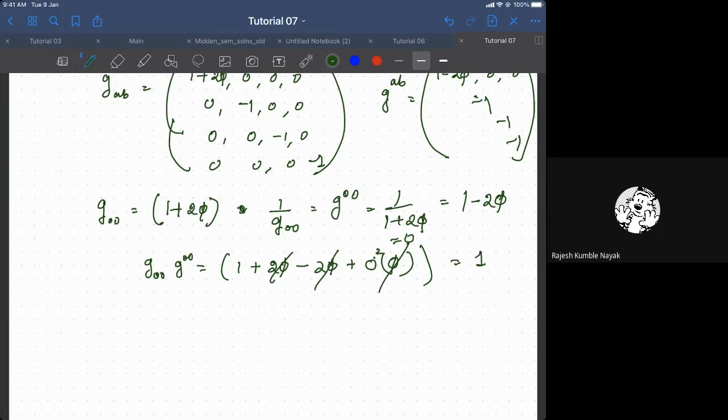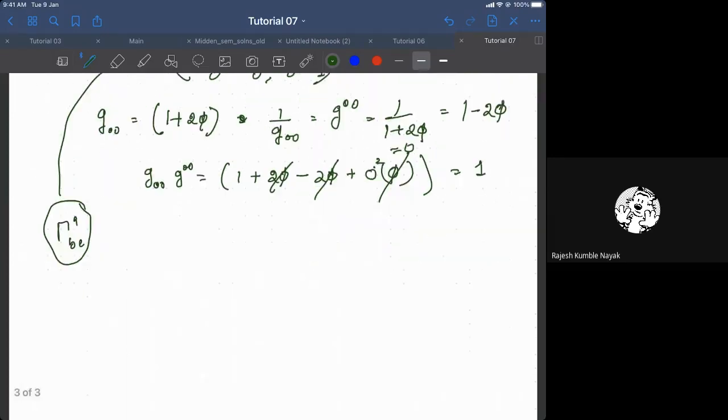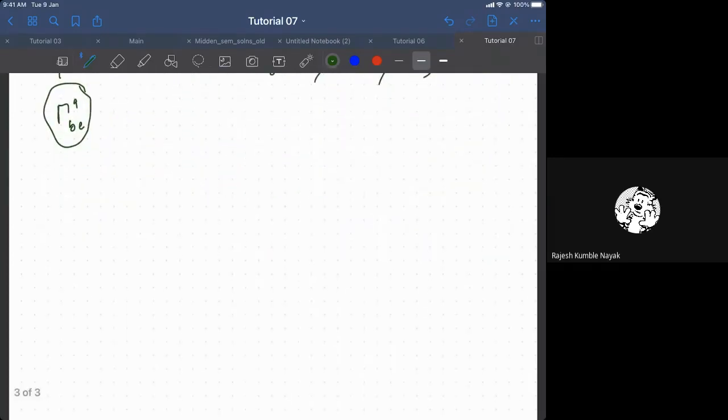Now I will be making you suffer through calculating the gammas. You already know how to do gamma A, B, C. But the point is that when you substitute all this, it is a bit of a cumbersome expression, and you have to go through all the algebra. That is not necessary. Let's do it symbolically, in the sense that let's write GAB as eta AB plus HAB.